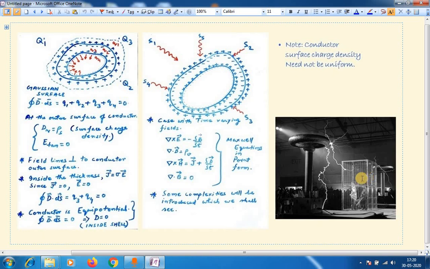So the potential difference between any 2 points is very small, so I can say that more or less it's an equipotential surface. So by ensuring a cage like structure, I'm able to make it equipotential.